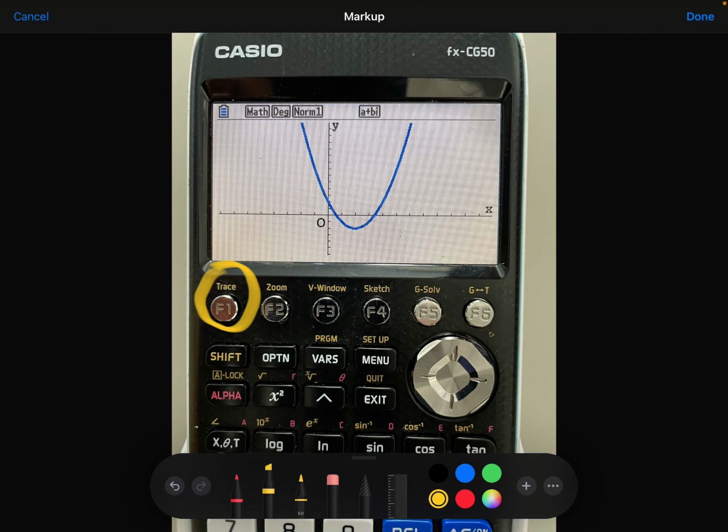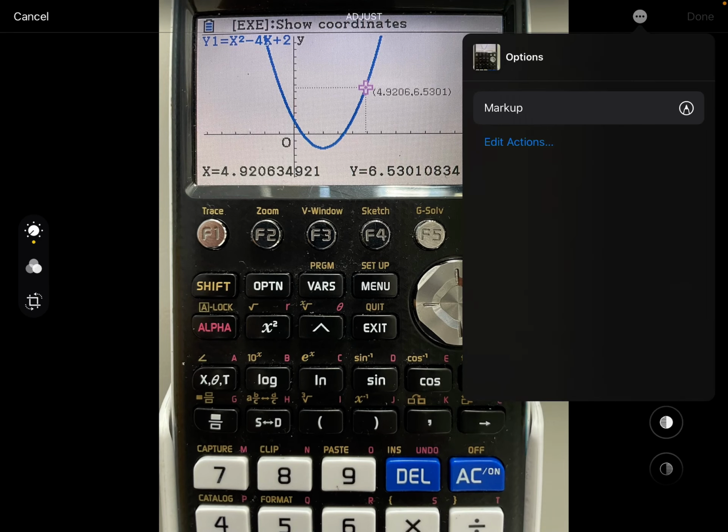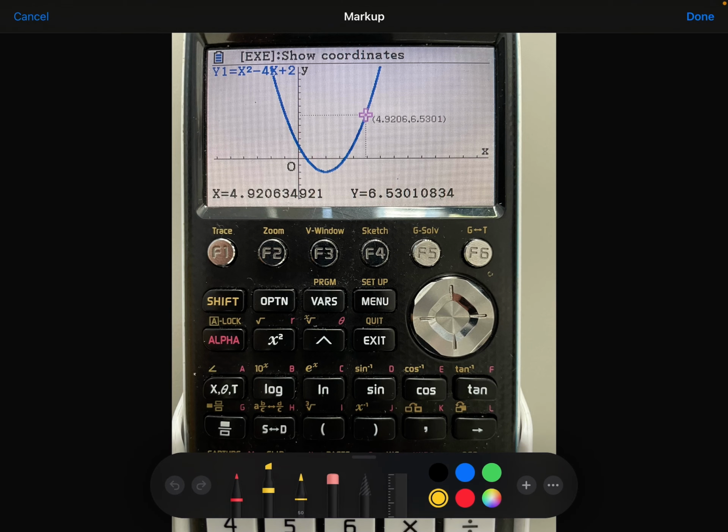What that will do is take you to this, where it will show you a point on the curve and its x and y coordinates. You can see they're also given at the bottom there. And what you can now do is use the pad here to scroll along, and it will show you all of the different x and y coordinates of the points that are on that curve.